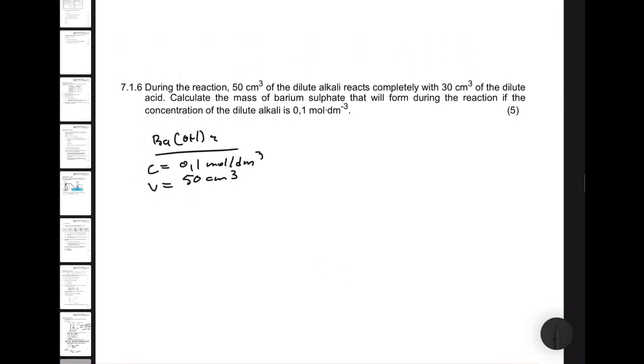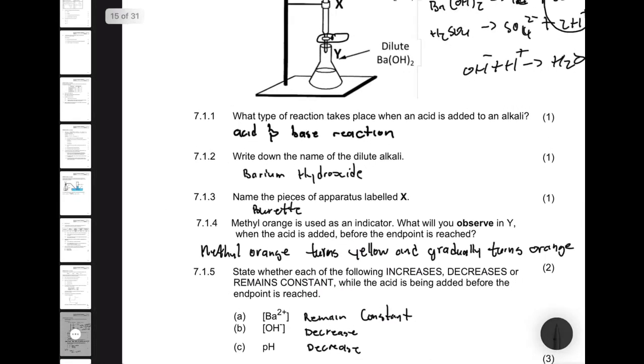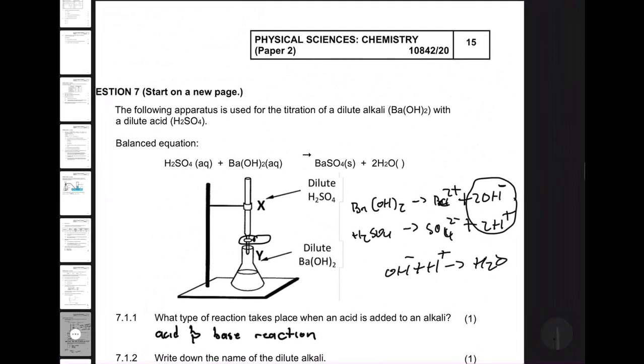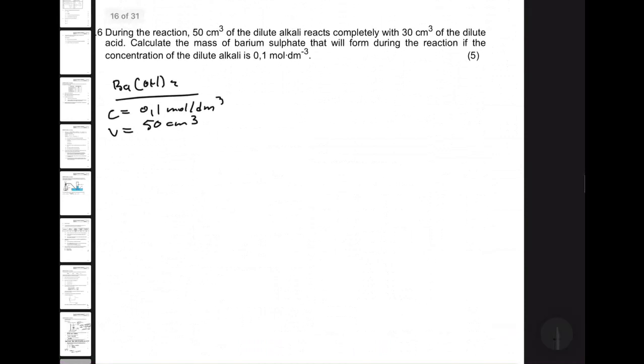So if we find the number of moles of Ba(OH)2, then we're going to be able to use those moles to find the number of moles of barium sulfate, right? And from the number of moles of barium sulfate, we'll consequently be able to find its mass, because that's what the question is asking us to do, right?